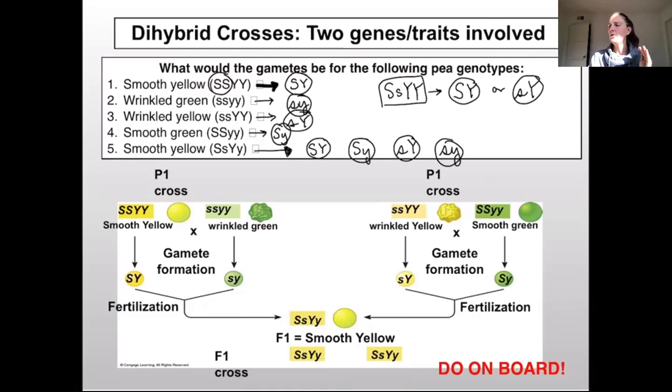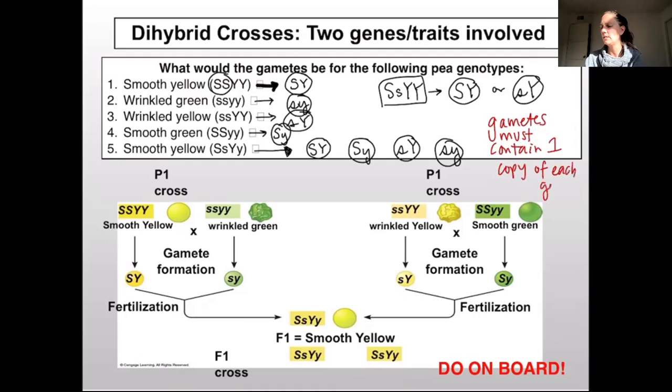You have to be able to understand the gametes before you can do dihybrid crosses, right? The key here is that the gametes must contain one copy of each gene. That is the main point here, all right?